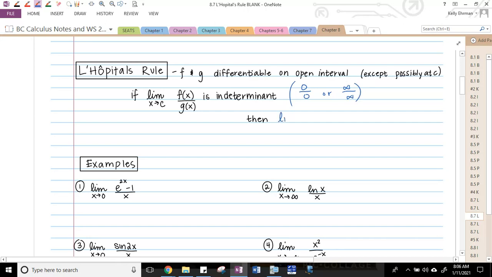Then we can say the limit as x approaches c of f of x over g of x, if that's indeterminate and I need to do something with it, maybe I can't work on it algebraically to make it work, I can say that's equal to the limit as x approaches c of f prime of x over g prime of x.